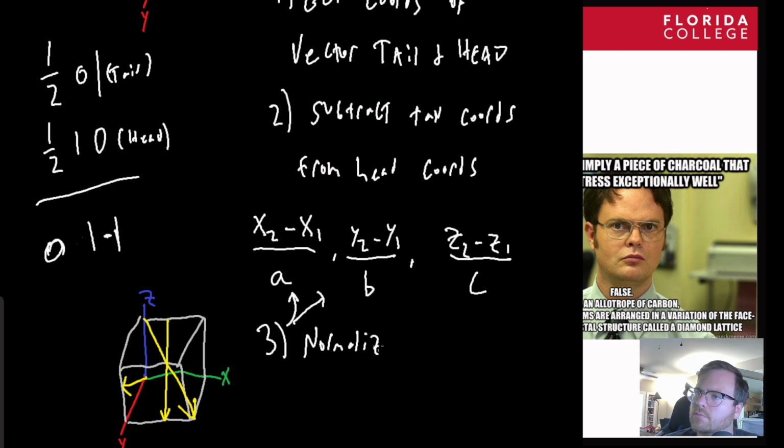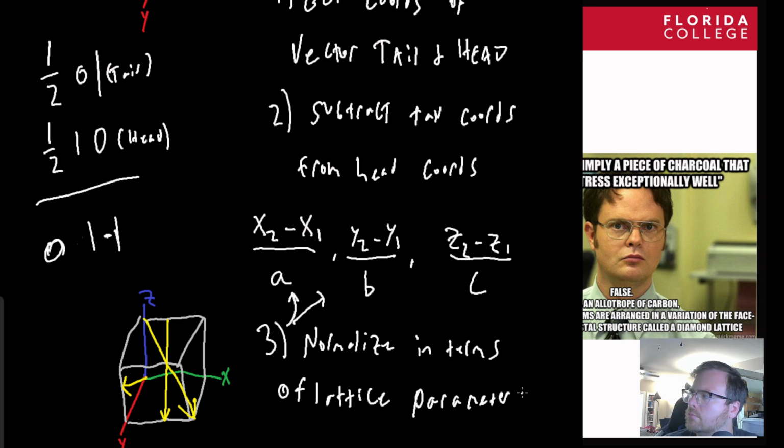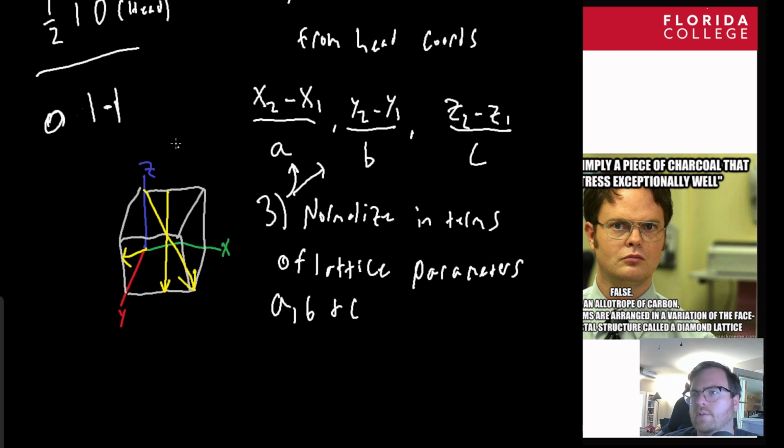Normalize in terms of A, B, and C. Now, what does that suggest? Well, it suggests that, given our lattice parameter, right here, this would be A. This distance here from here to here would be B. And then this distance would be C. Okay?